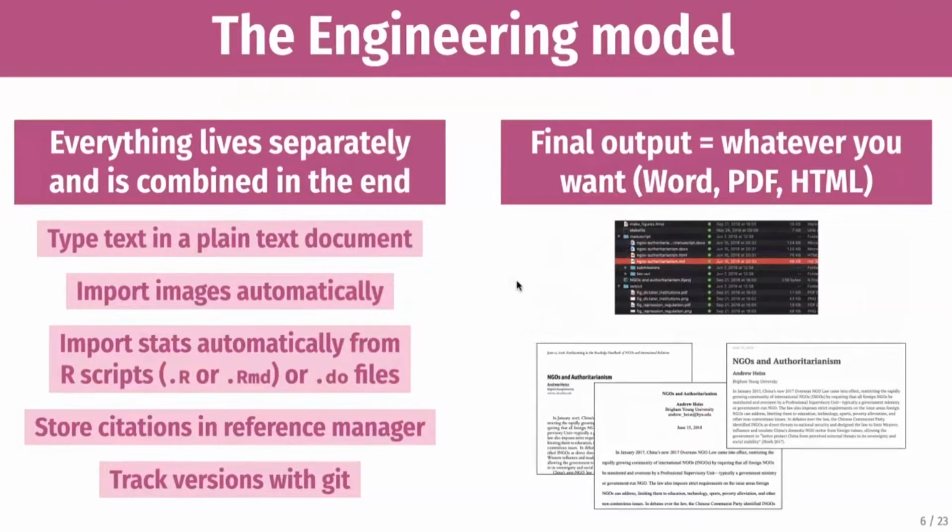And so it will go through and find all of your citations and then format those citations appropriately as APA or Chicago or whatever you need. It will insert the graphics that you need. It will insert the tables that you need and create a single document in the end, whether it be a PDF or a Word file or an HTML file or whatever. So that's kind of the engineering model approach.